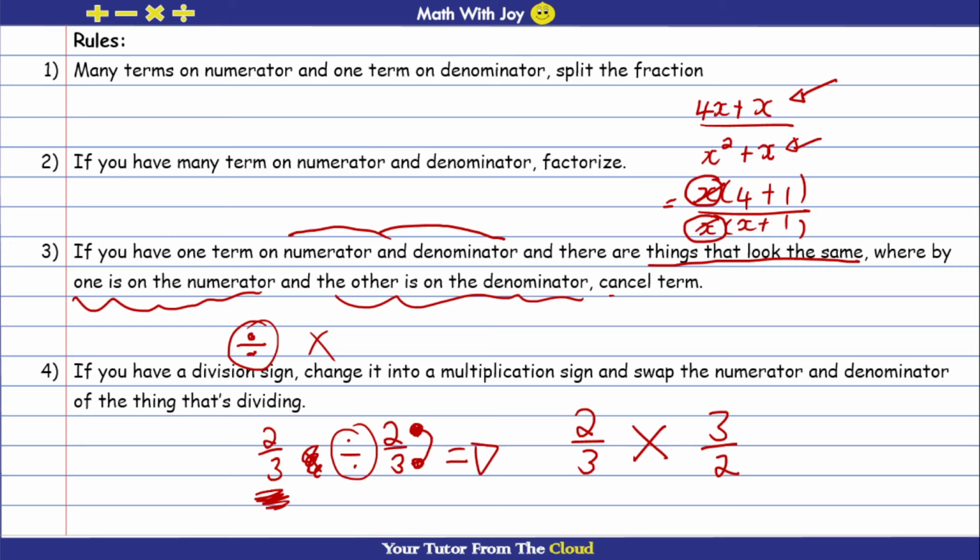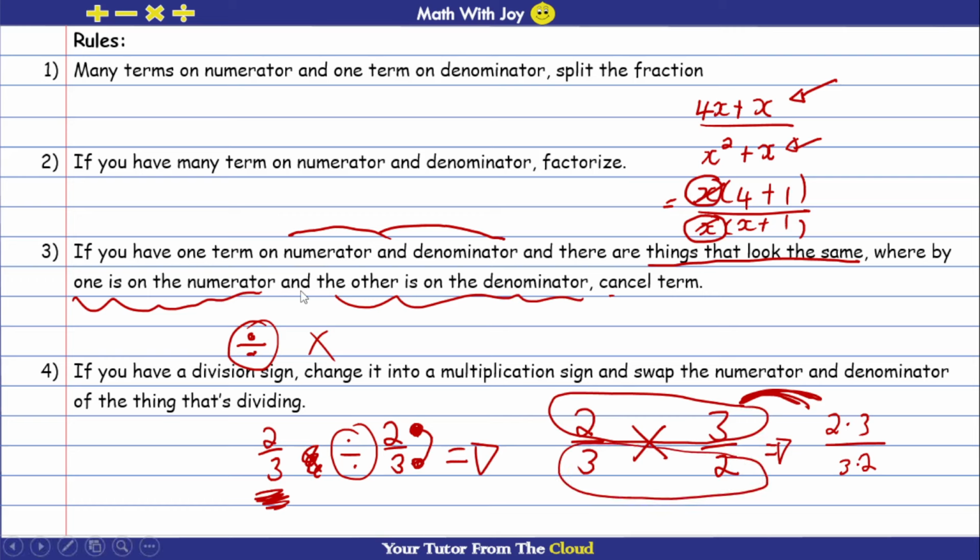Now, you have one term at the top. This multiplication, we all know, can easily be rewritten as 2 times 3 over 3 times 2. So that's why we say this is one term and that is one term at the bottom.